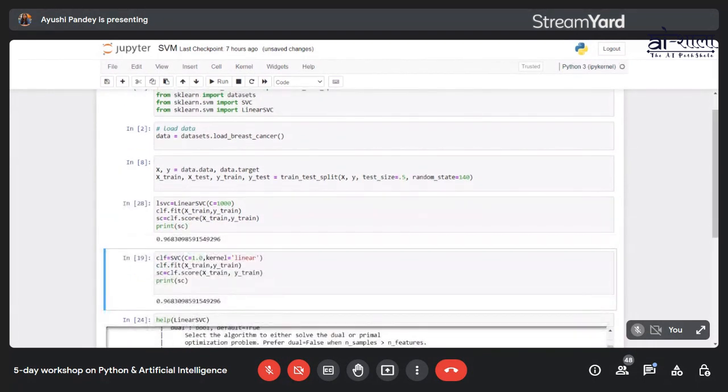So it means that even with the narrower margin, the data is classified very properly. It's because it's linear data and it's classified very properly. So even if I'm doing 10,000, the margin is very narrow, still no issue.